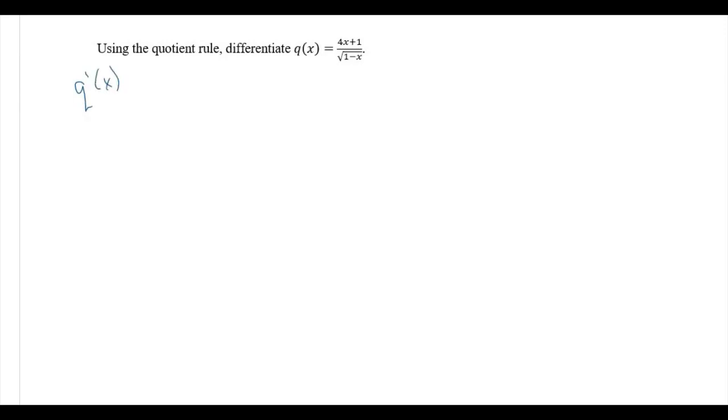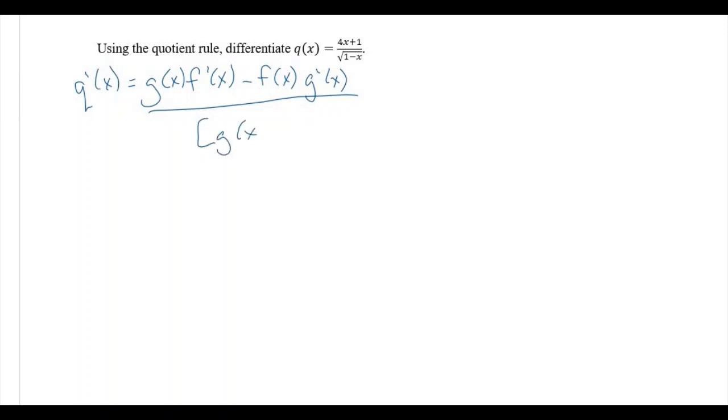So q prime of x is equal to g of x times f prime of x minus f of x times g prime of x all over g of x squared. So to find a derivative, we have to find f of x, g of x, and their derivatives.